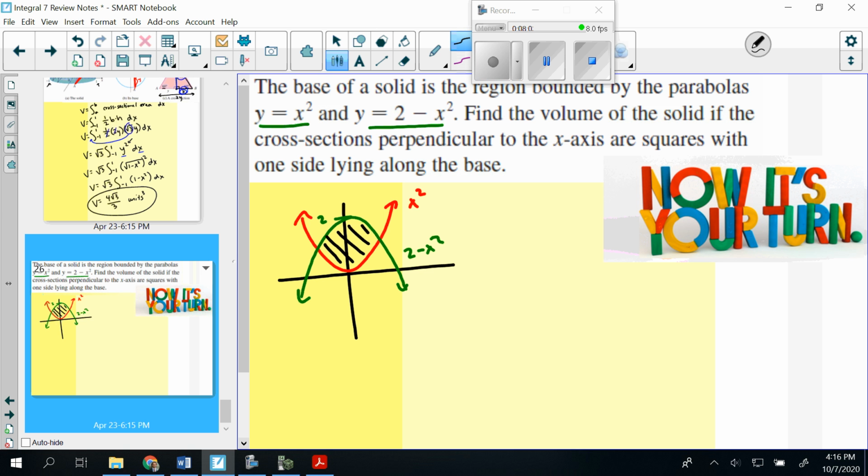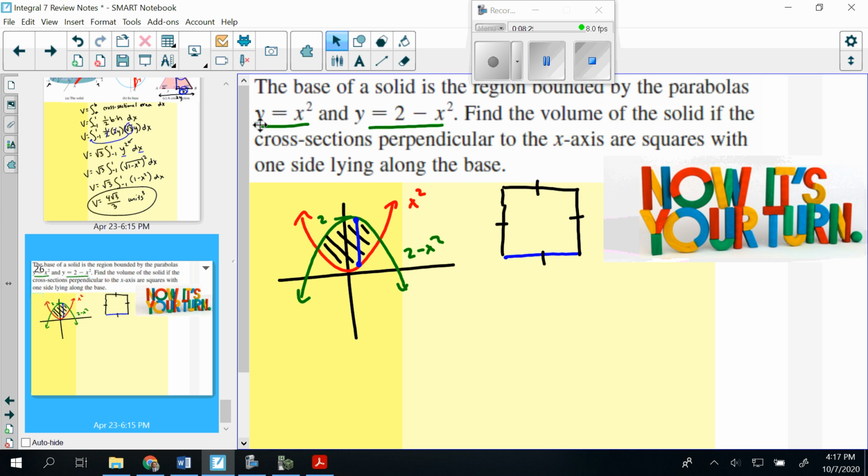Across each of these, coming out of this board, if we took a snapshot of this, that would be the bottom of a square, where all these sides are the same length. So what I want you to do next is pause this again and see if you can come up with what you think the volume equation is going to be.